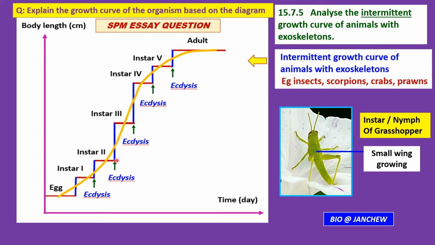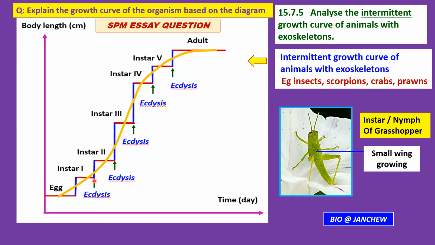So the vertical lines here represent sudden rapid growth of the exoskeleton, the new exoskeleton during ecdysis. Okay, and then we have to explain the process of ecdysis. Okay, so the insect first sucks in air to expand its body and split the old exoskeleton so that it can emerge from the old exoskeleton.